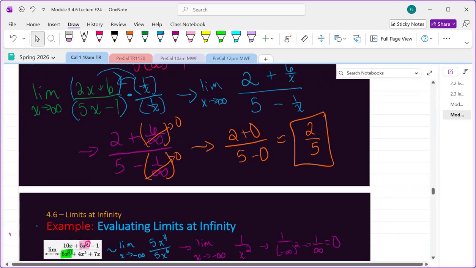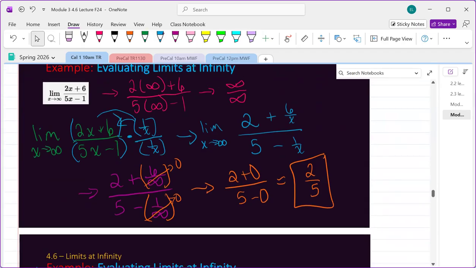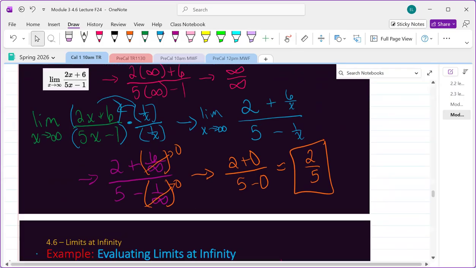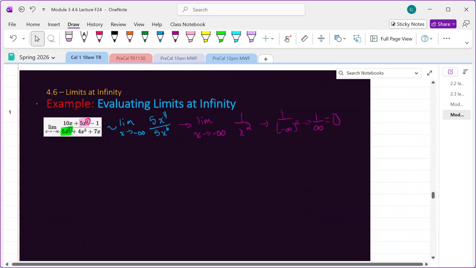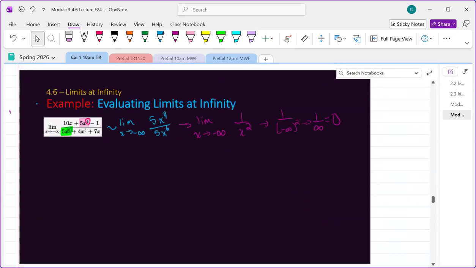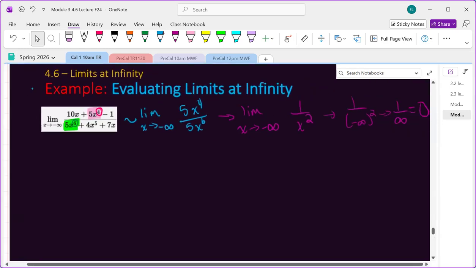Whereas the previous one, they had the same power, so we ended up at this weird compromise where we tried to do what they were both saying, and we ended up at 2/5. Now, from a technical standpoint, this is a shortcut, so it's kind of cheating.